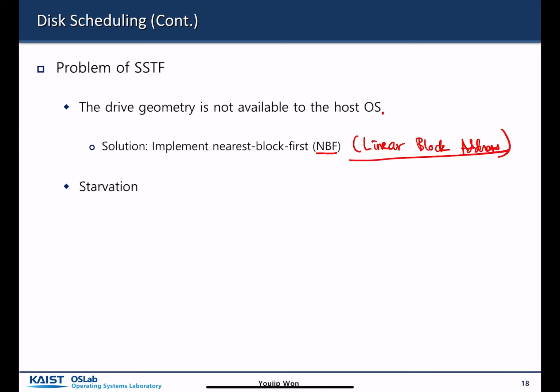But the problem is that whether they do shortest seek time first or nearest block first, both of them can put certain requests under starvation.